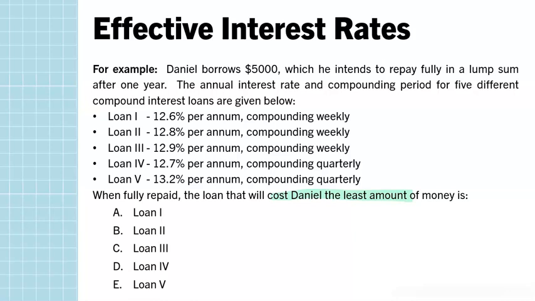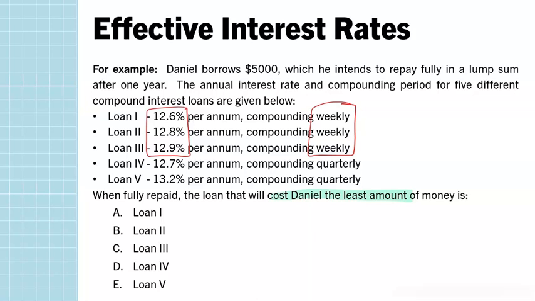Before we look at how to convert these rates to effective rates on our calculator, just something to note. Here we have the same compounding periods, so a set of compounding periods all weekly and different interest rates to compare. Because this is a loan, we want the cheapest outcome. So we want the lowest effective rate overall.